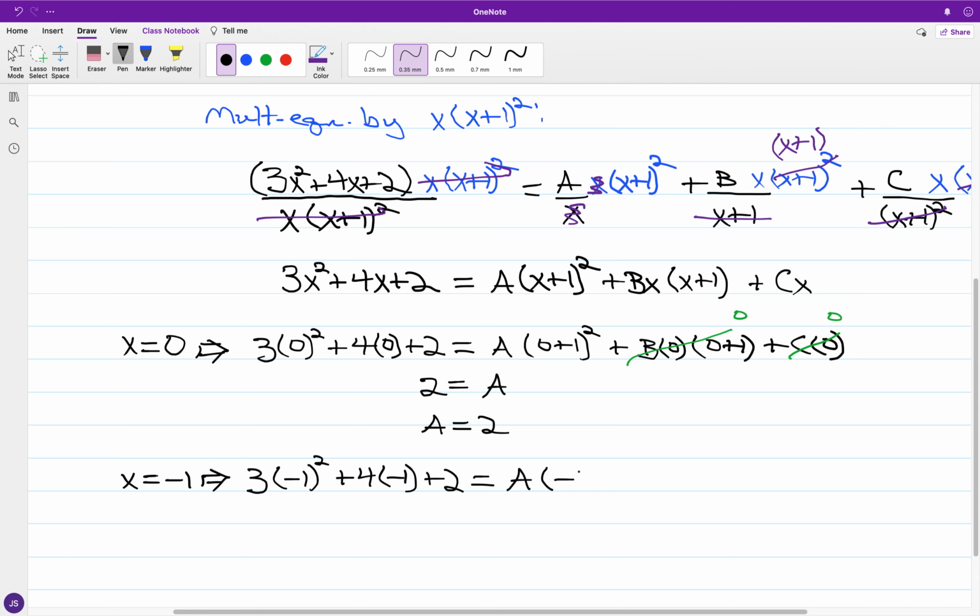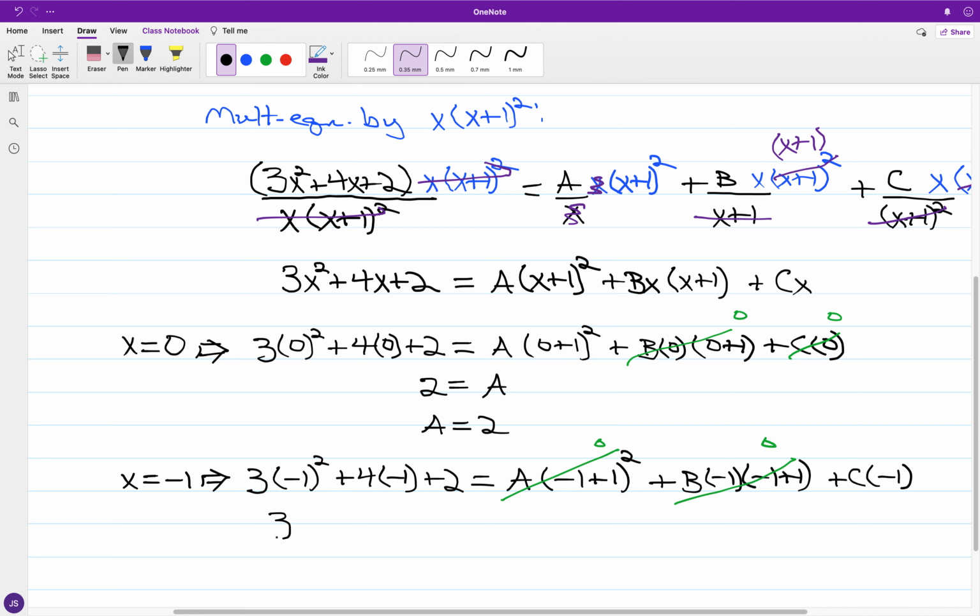I got a times the quantity of negative 1 plus 1 squared, so that's going to be zeroed out. I got b times negative 1 times the quantity of negative 1 plus 1; negative 1 plus 1 is 0, so that also goes out. Plus c times negative 1.